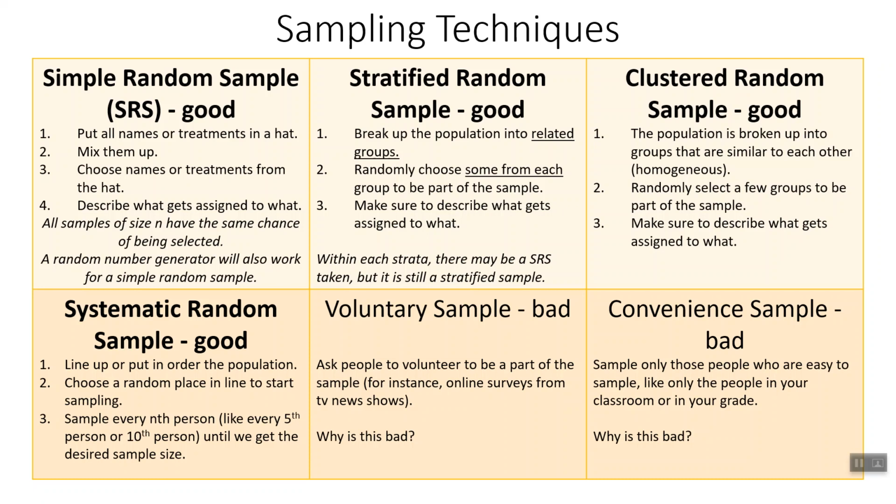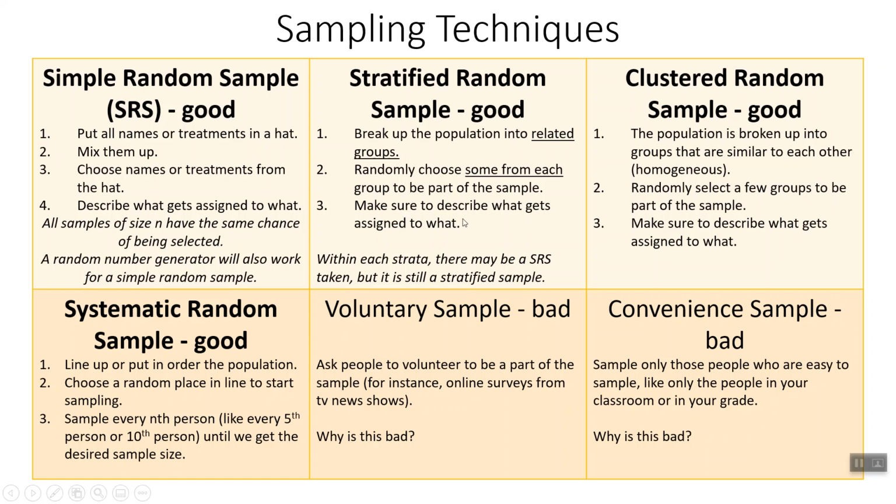Or everybody with blue eyes in one group, brown eyes in another group, green eyes in another group, hazel eyes in another group. We group them with some sort of related characteristic. Then we randomly choose some from each group to be part of our sample. So we could choose 100 men and 100 women. This is an easy way to make sure we have the same number of each demographic that we're interested in studying.